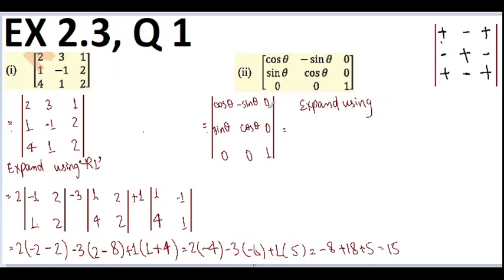Here this row contains 1 zero, this row also contains 1 zero, but this row contains 2 zeros, so it would be much easier to use this row. But right now I'm not going for the easier option, I'm going for the difficult option to make you understand this concept and have a deep and quite strong grip on it. So expand using row 2. We have done with row 1, and row 3 is easier, so we are going to use row 2.